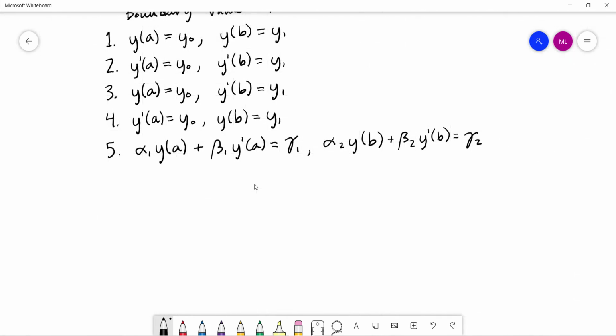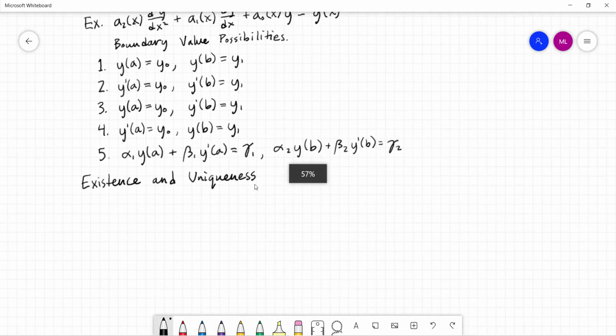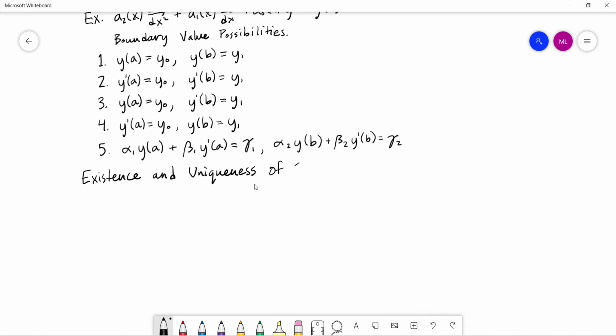So if we come back to existence and uniqueness of, again, that same differential equation of solutions. But now we're talking about boundary value problems instead of initial value problems.